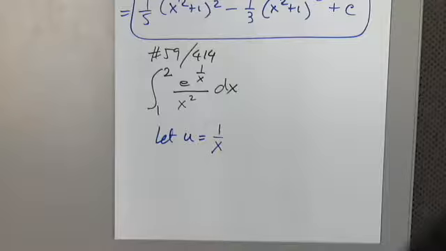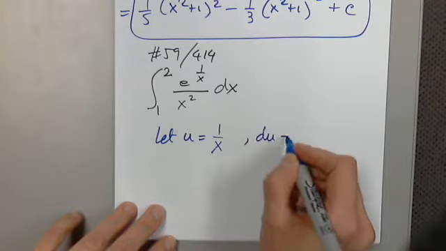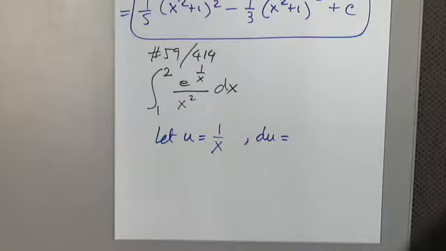E is friendly. E to u is friendly, right? E to 1 over x is not friendly. So as long as du is in the problem, then I'm in business. If du is not in the problem, then I have difficulties. A number I can adjust, a sign I can adjust, but I cannot adjust pieces of functions or functions.